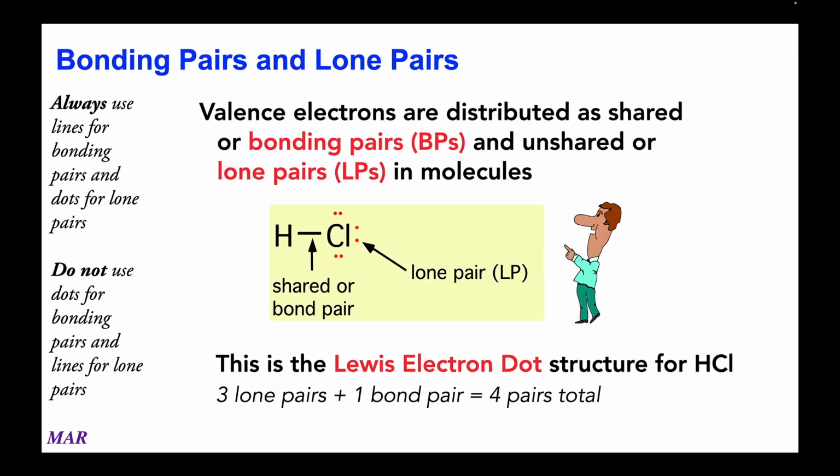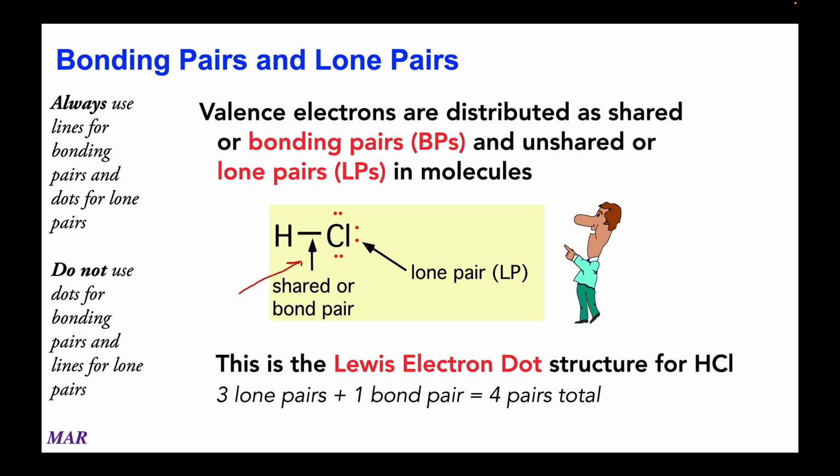This is an example of a Lewis structure for hydrogen monochloride, HCl, all right? And if you look at this structure, there's a line between the hydrogen and the chlorine, and that's called a bonding pair. And a bonding pair represents 2 electrons, so the H and Cl are connected by 2 electrons. It's like a handshake, all right? There's a bond between the H and the Cl.